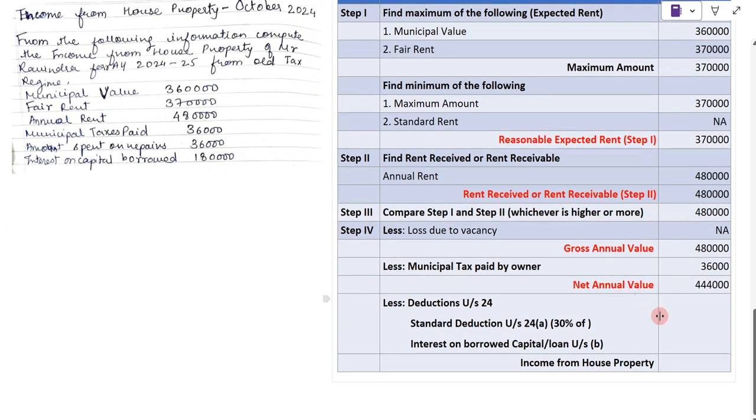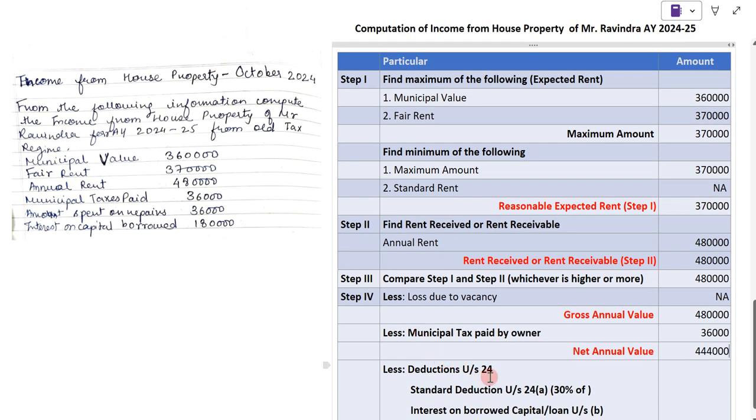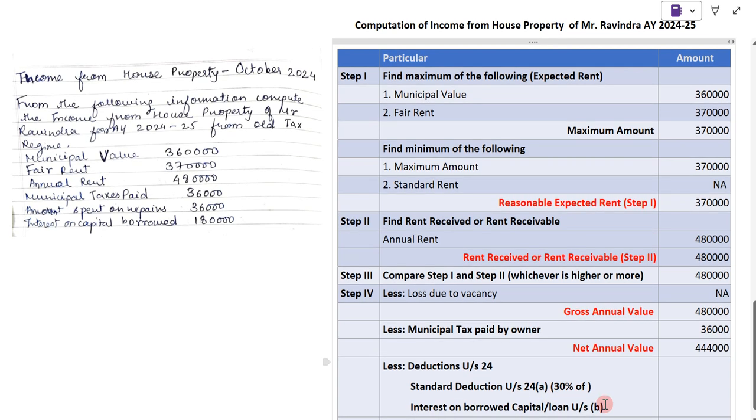Now from this net annual value, we have to do the deduction under section 24. Under section 24, we have to deduct standard deduction and interest on borrowed capital. The standard deduction as per section 24(a) is 30% of the net annual value.